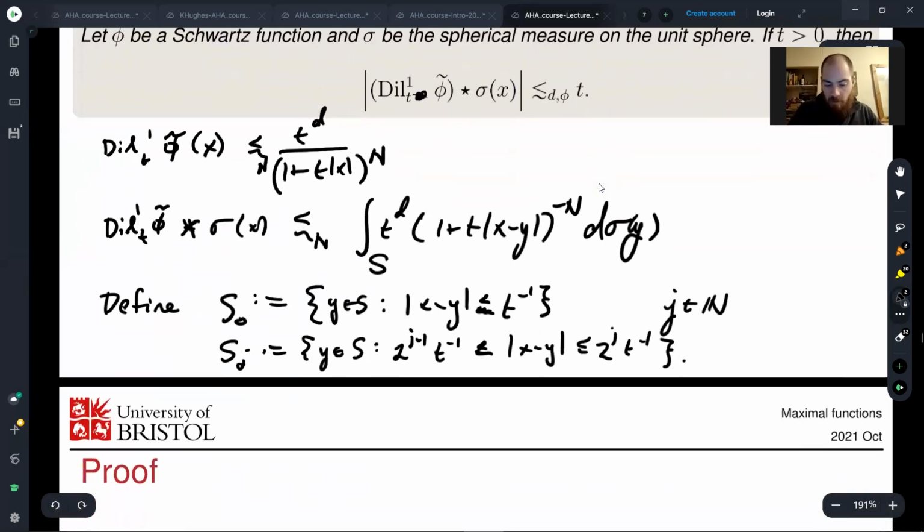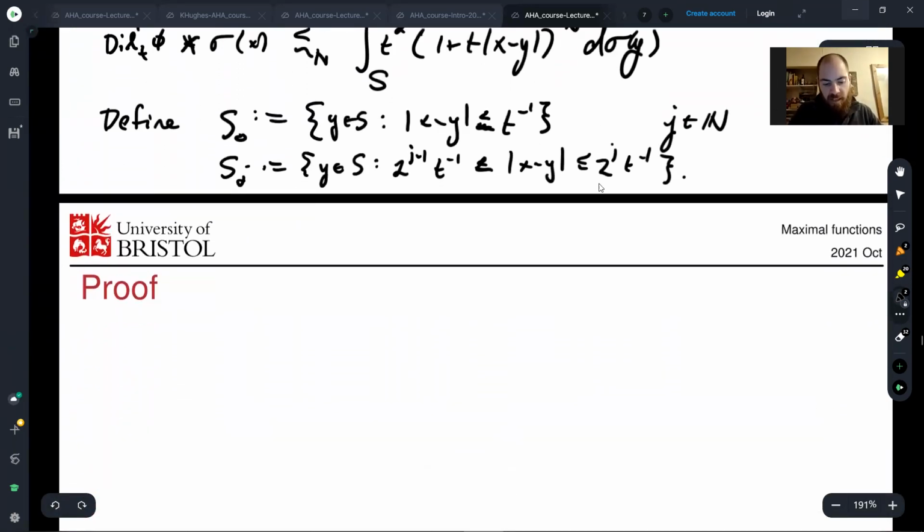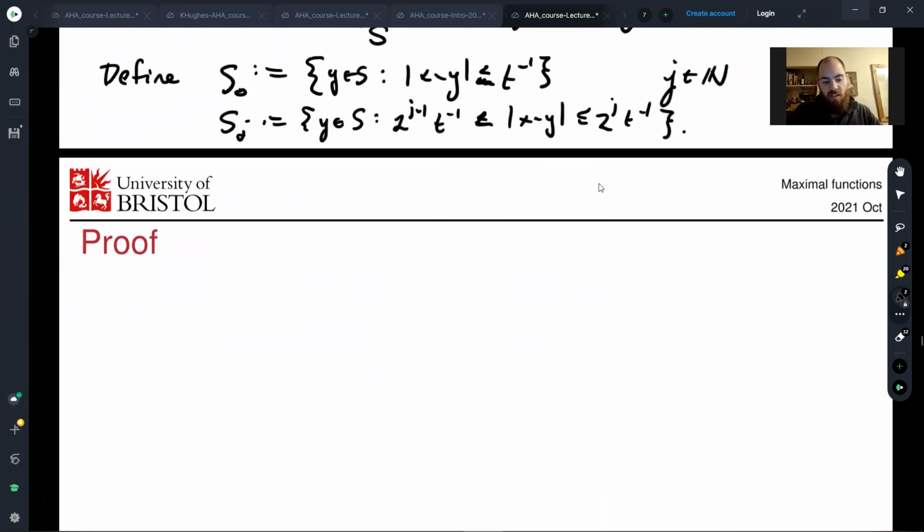And each of these is the intersection of the sphere with a ball of the given radius. For S naught, it's a ball of radius t inverse. And for the S j's, it would be a ball of radius 2 to the j times t inverse.